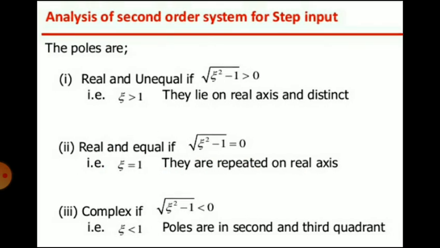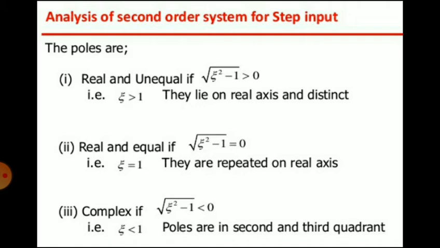The poles are first real and unequal if under root zeta square minus 1 is greater than 0, that is zeta is greater than 1, they lie on the real axis and are distinct. Second case, real and equal if under root zeta square minus 1 equal to 0, that is zeta equal to 1, they are repeated on the real axis.